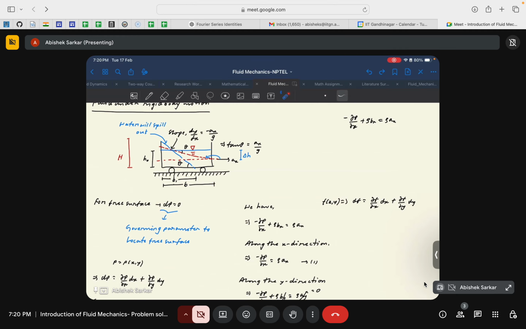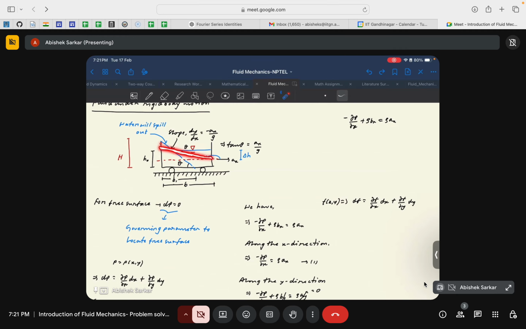For that we'll consider one very simple example, where a tank is moving over a surface and is undergoing some acceleration. Because of this acceleration, the shape of the free surface changes. It's understandable: if this tank is moving very fast, then the shape of the free surface might change accordingly and may get this kind of particular shape.